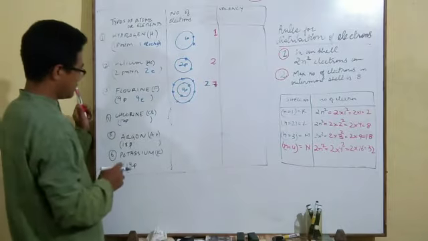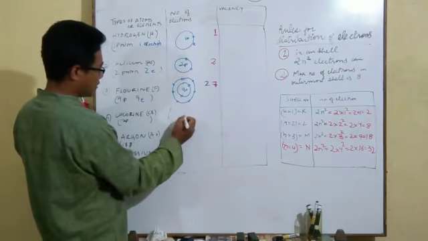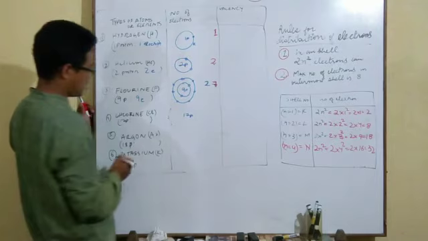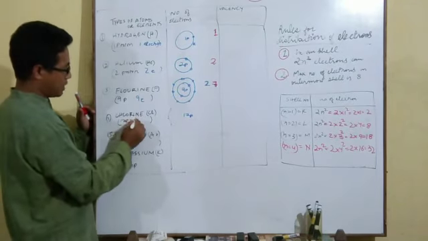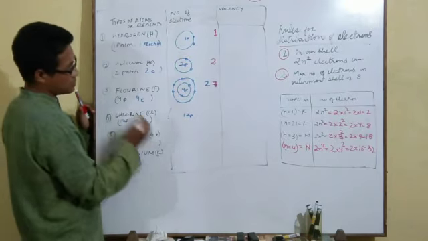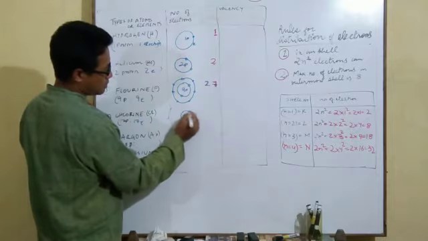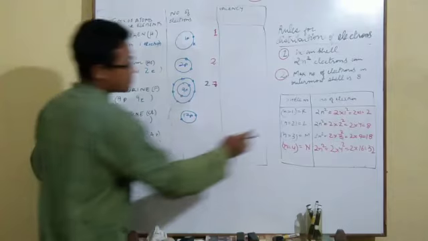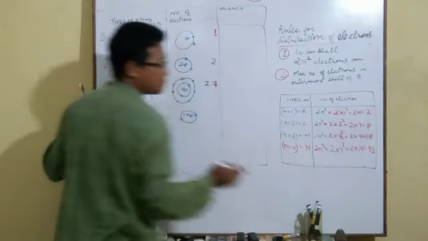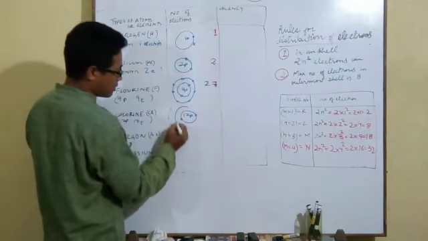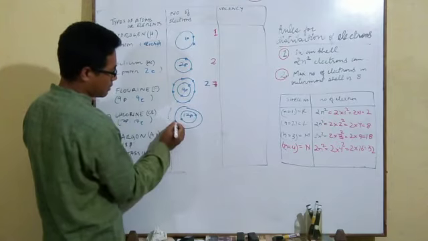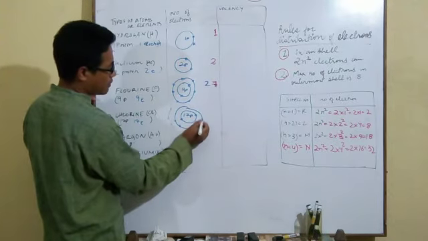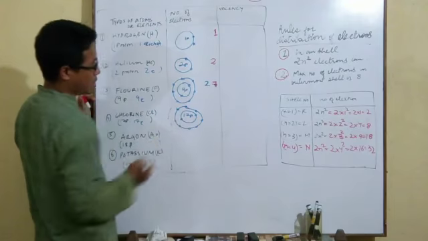Let's come to chlorine. Chlorine will have 17 protons, and of course we'll have 17 electrons. So in the first shell 2 will go. In the second shell you cannot put more than 8. The maximum you can put is 8. So you have 8. 1, 2, 3, 4, 5, 6, 7, 8.